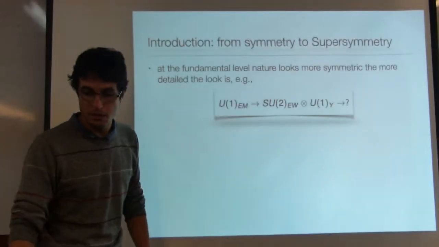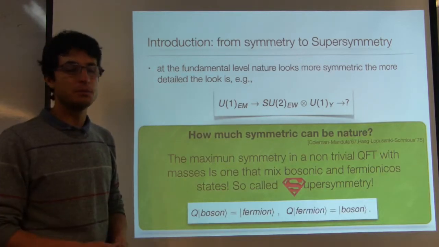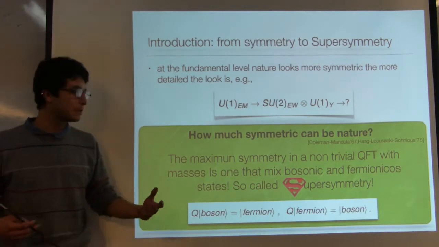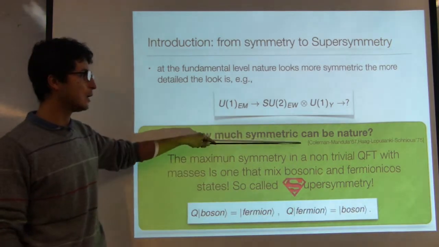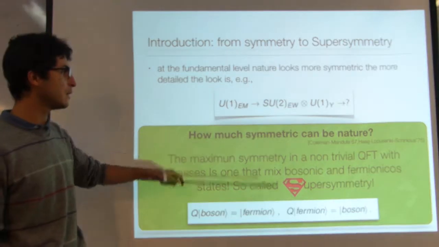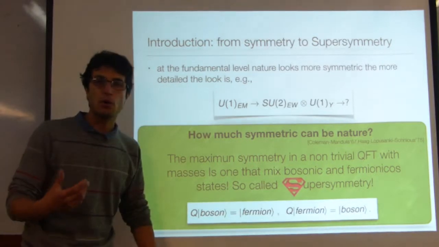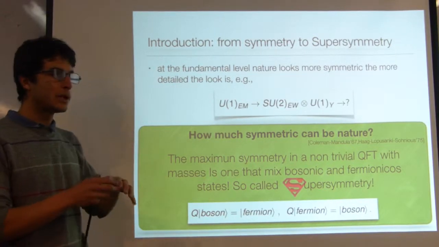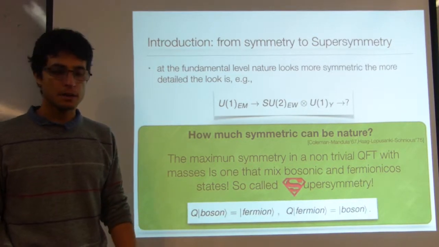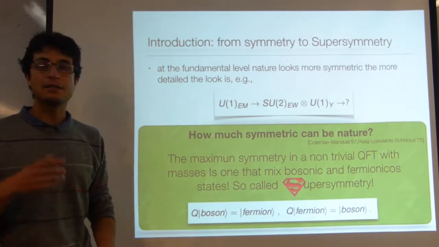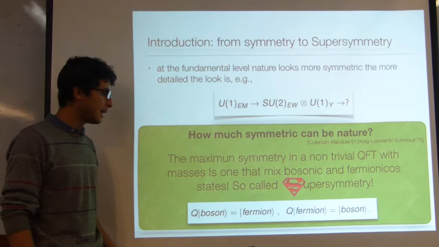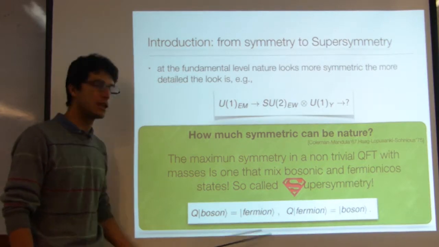So a very common question here would be, what is the largest symmetry that nature can have? This question was asked in the late 60s and mid 70s, and the answer is that if you want to enlarge the symmetry of nature in the most general way, the symmetry should be something that mixes bosons and fermions.